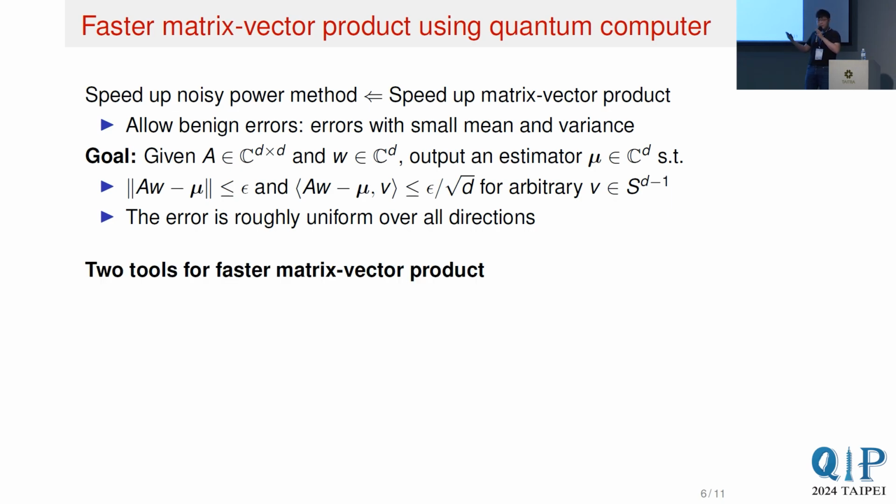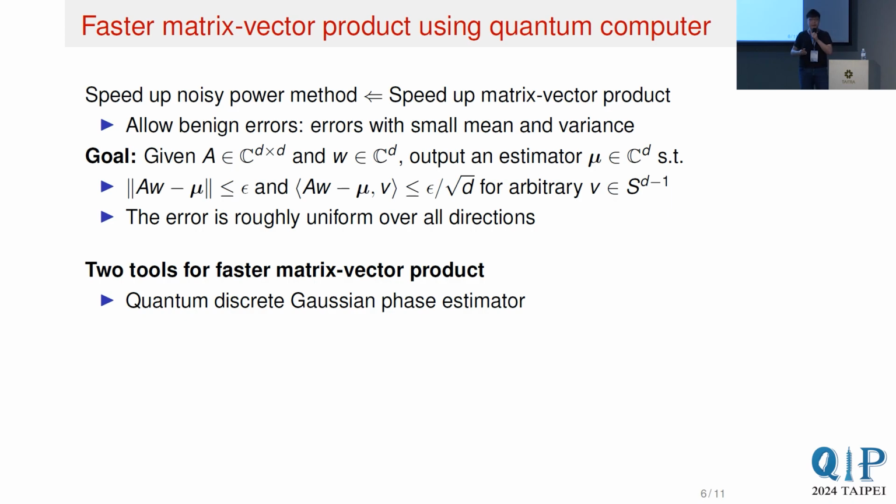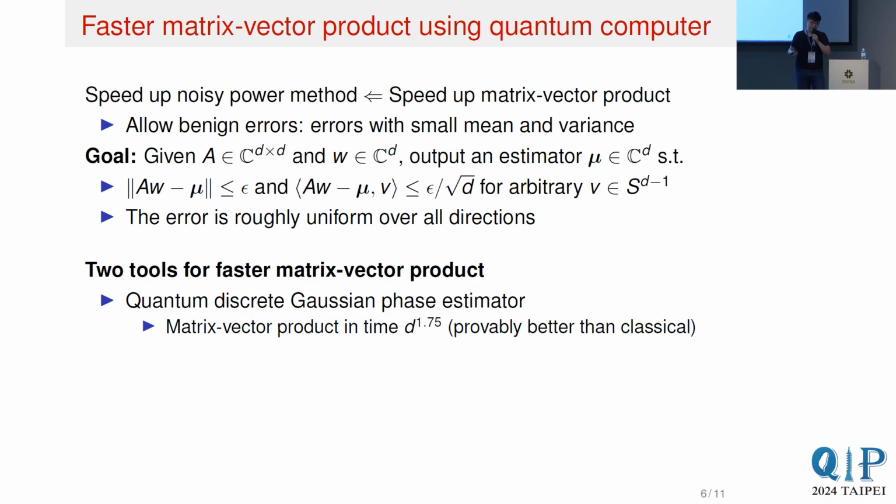In our paper, we propose two different methods for achieving this. The first method is called the discrete quantum Gaussian phase estimator. Using this, we end up with a d to the 1.75 time quantum algorithm for the approximate matrix vector product. This is provably better than the classical algorithm, but it is not optimal.